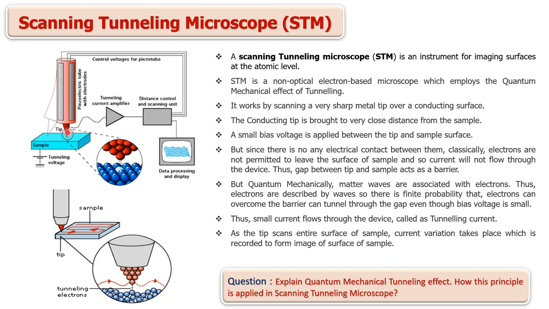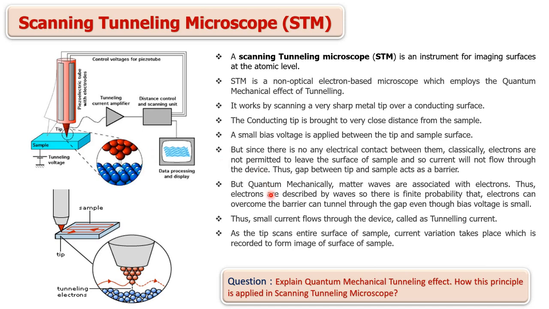A small gap is there, and no electric wire is connected between them. So that gap acts as a barrier here. Because of that barrier, the electrons are not permitted to leave the surface of the sample, because the biasing potential is very low. So our expectation is that no current will flow through this device.